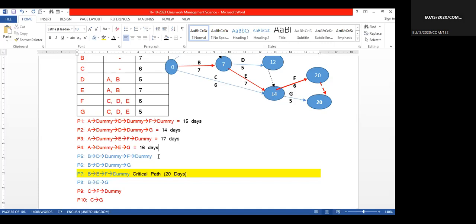Right. Then path 5, 18 days. Right. Path 6, 17 days. Yes, sir.